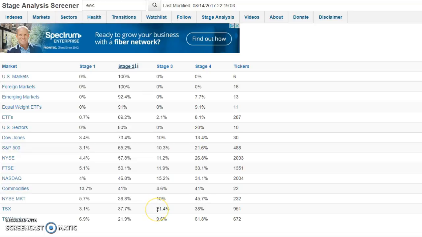So look at how about 60% of stocks in the TSX are in stage 3 and stage 4. So 60% are either topping out or in a downtrend, versus only about 40% that are either basing or in a stage 2 advance. And this tells you that the skew of the percentage of stocks in the index is weighted towards a bearish slant, which is why the TSX is having so much trouble moving higher: there's just a lot of stocks weighing down this index.